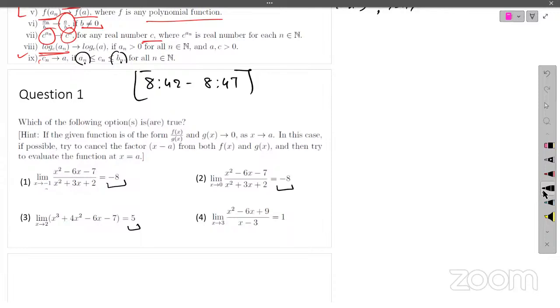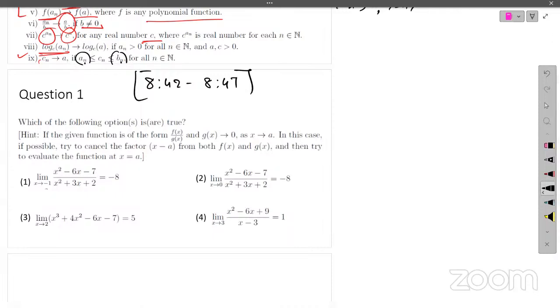We're checking it. The statement says after factorizing, substitute the x value, right? It's the same thing. Correct. Thank you.